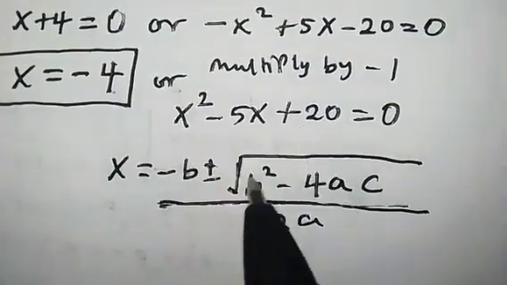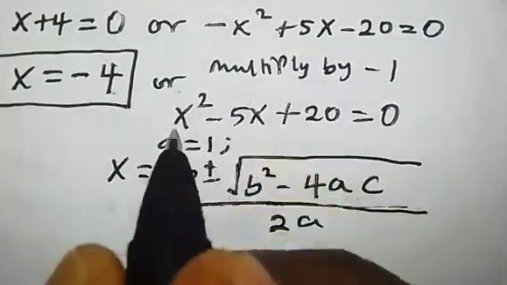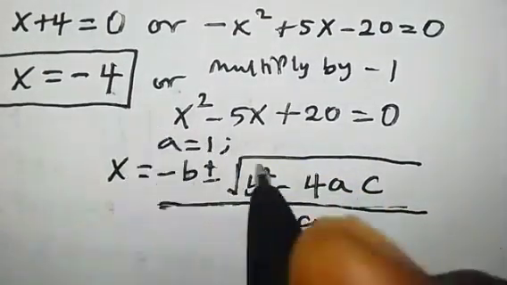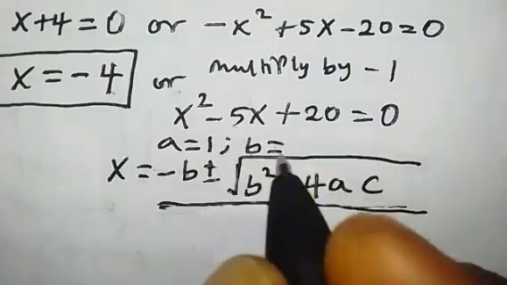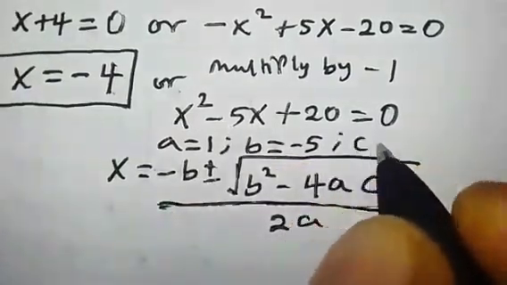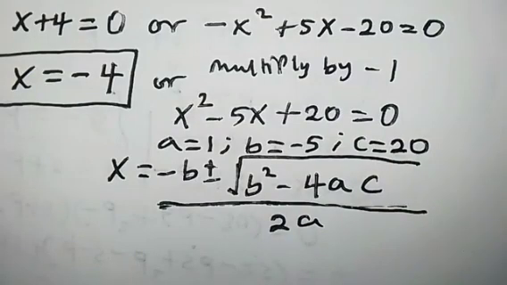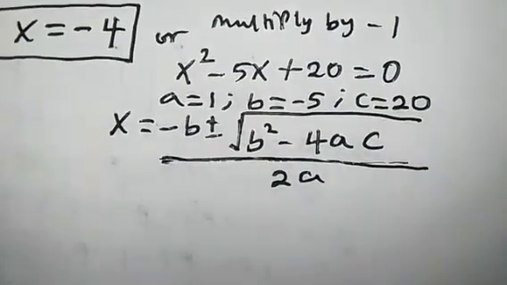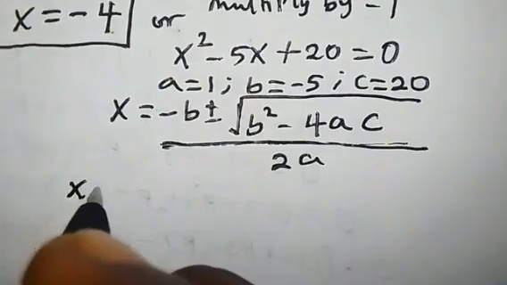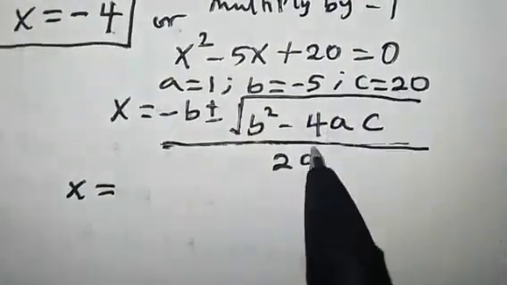From this equation, it is obvious a is equal to 1. That's the coefficient of x squared, 1. b is equal to minus 5, coefficient of x. And c is equal to 20, the constant. Let's proceed further.